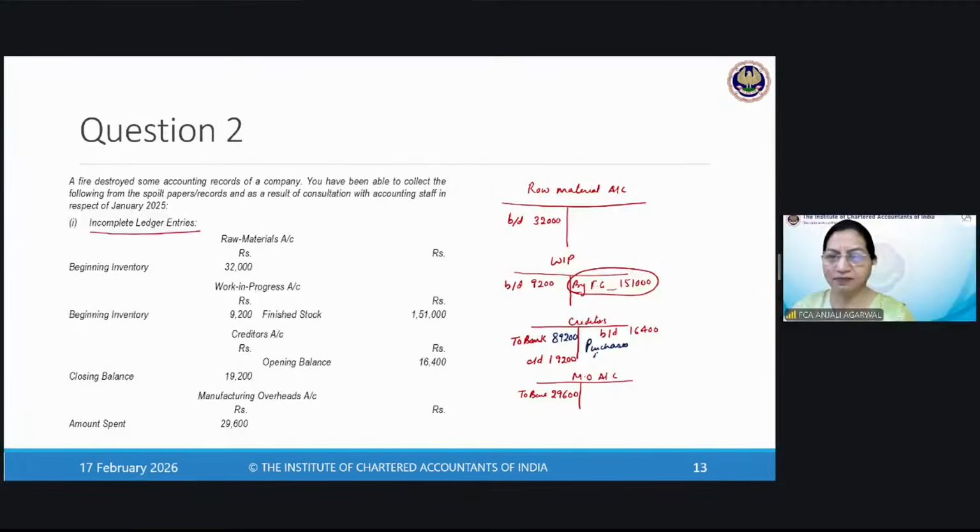So I think this is complete. Therefore, purchases becomes the balancing figure here, which comes out to be 89,200 plus 19,200 minus 16,400. So you have made purchases of 92,000 and this account closes.